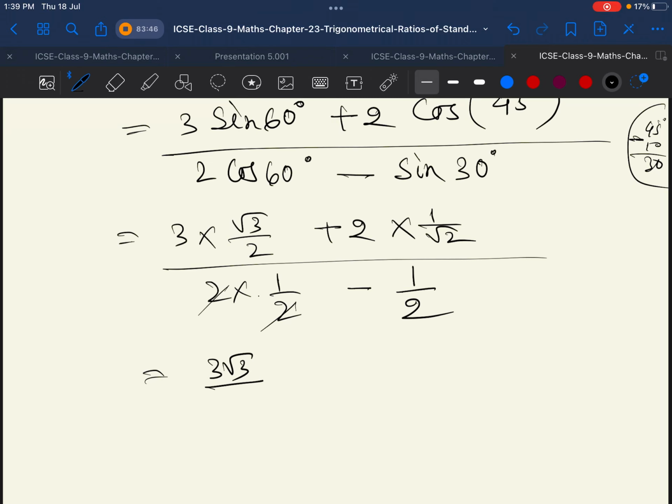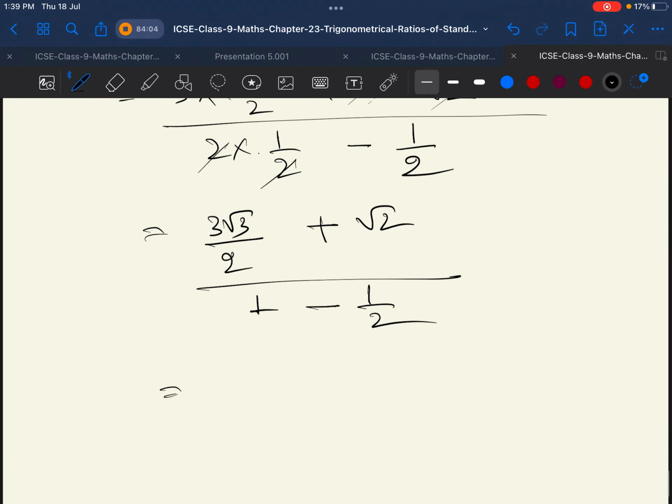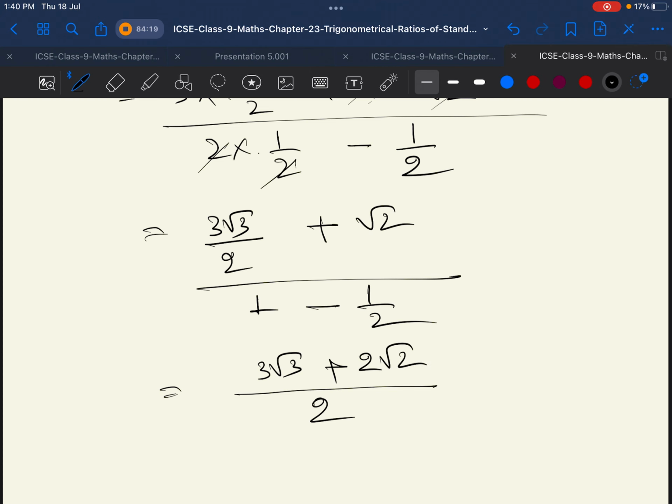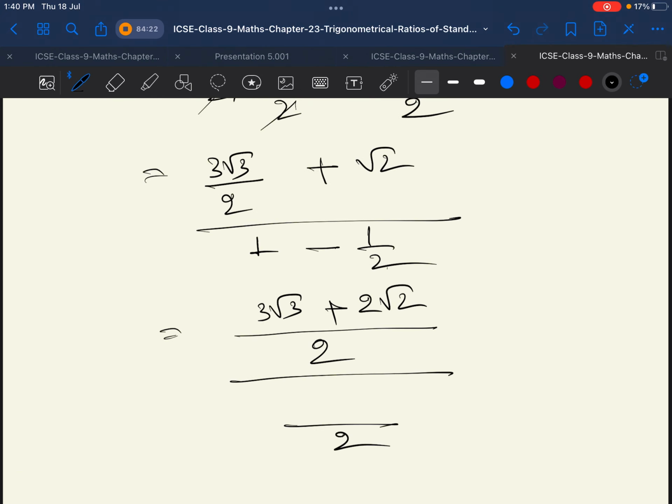Now we will get 3 root 3, here in the denominator 2, plus 2 root 2, here we will get root 2. So we can write root 2 by, this is 1 minus 1 by 2. So here the LCM is 2. Now 2 by 2 is 1, 1 into 3 root 3 is 3 root 3, plus this is 2 into root 2, so we can write 2 root 2 by LCM 2. 2 into 1 is 2 minus, 2 by 2 is 1, 1 into 1 is 1.